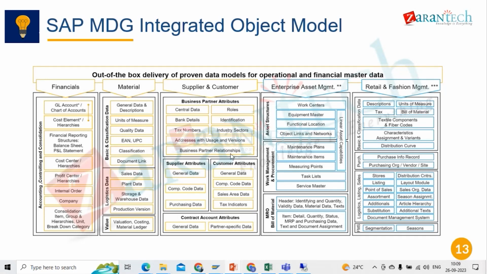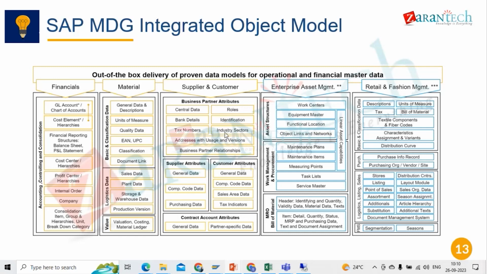In ECC, we create vendor master data and customer master data using different transaction codes. In ECC, customer master data is created by the sales consultant, and material master data is created by the material functional consultant.